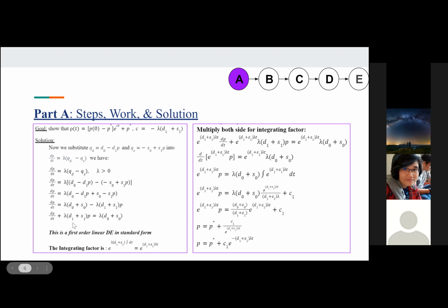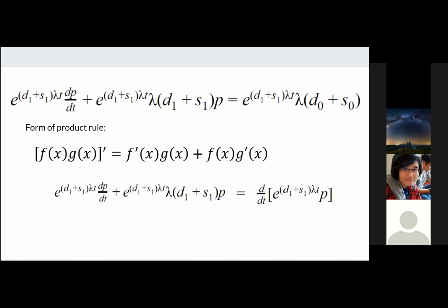So we can solve this by using the first order linear differential equation. This is in standard form already, so we start by finding the integrating factor. We get the integrating factor e to the D1 plus S1 multiplied by lambda t. Then we multiply both sides by the integrating factor and get this equation, the very big one right here.